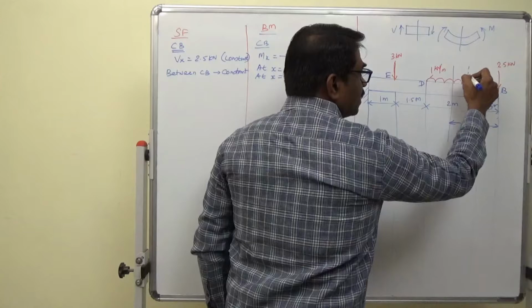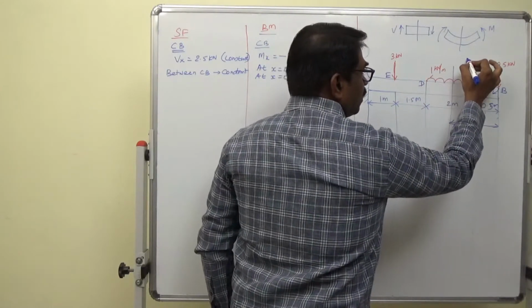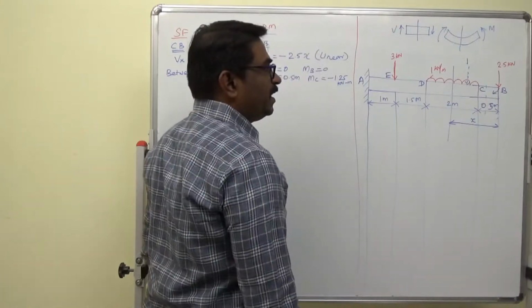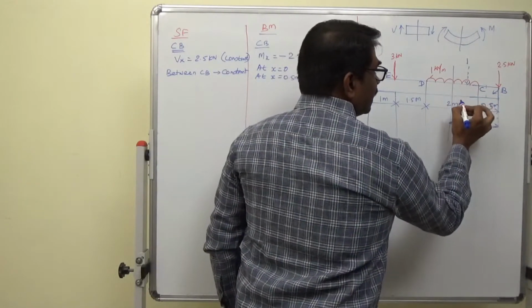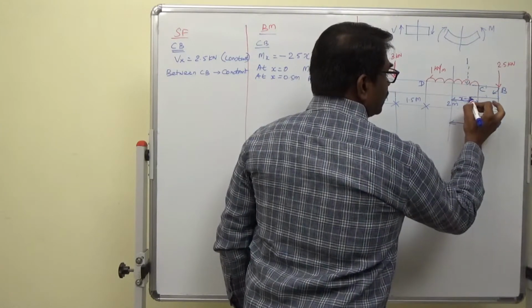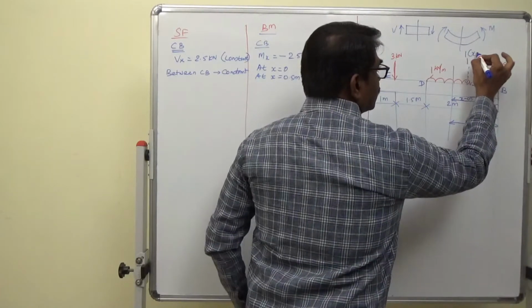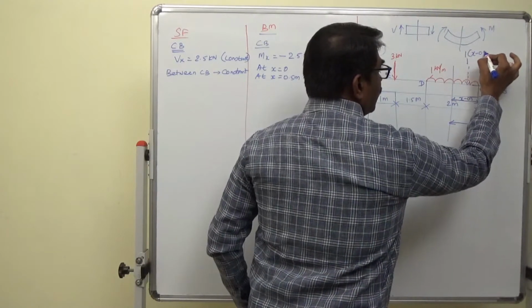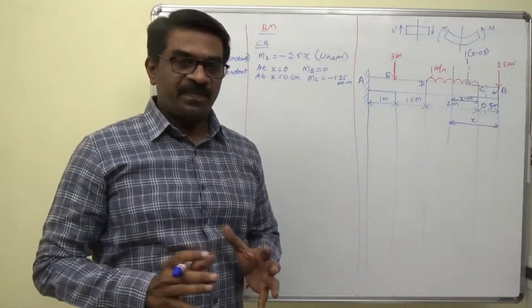It will act at the mid. 1 kilonewton per meter is the uniformly distributed load. What is this distance? It is X minus 0.5. So 1 into X minus 0.5 is the force.